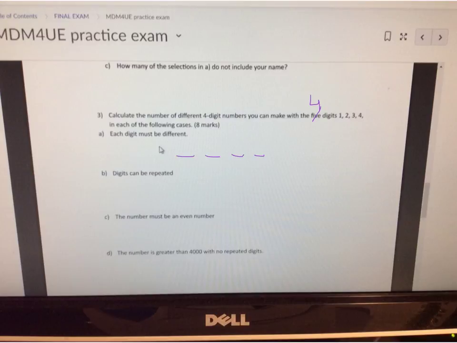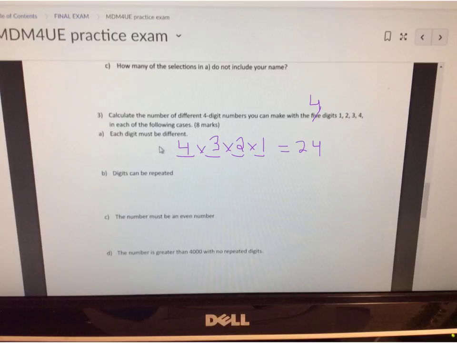And if every digit has to be different, when I start out, I've got 4 numbers I can choose from, right? Now, I'm going to multiply all the way down here, but I've used one of my numbers, so now I only have 3 left to choose the 3rd digit from. And then for the second spot, I only have 2 digits left, and for the last spot, I only have 1. And so there's a total of 24 ways to choose the digits in that circumstance.